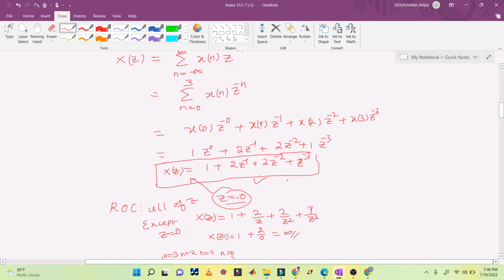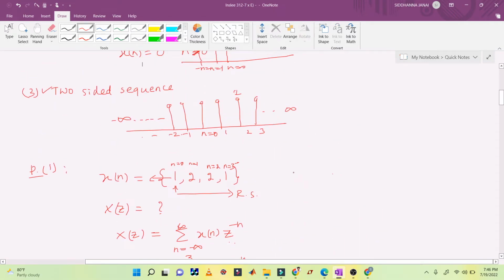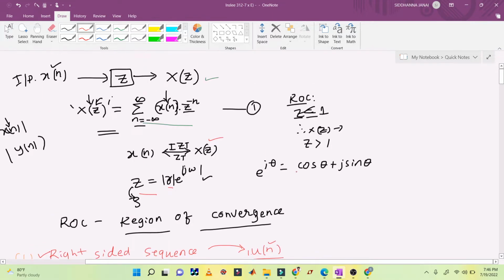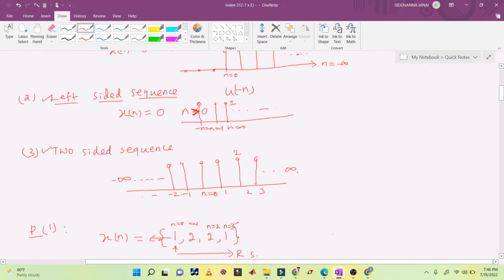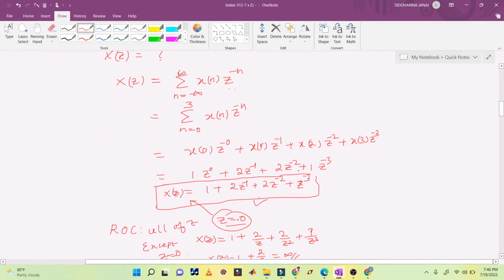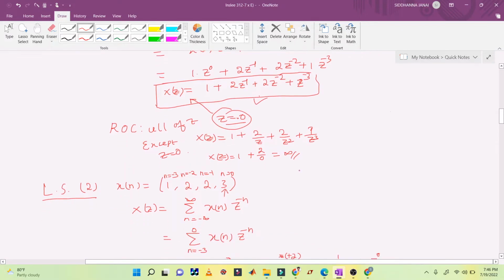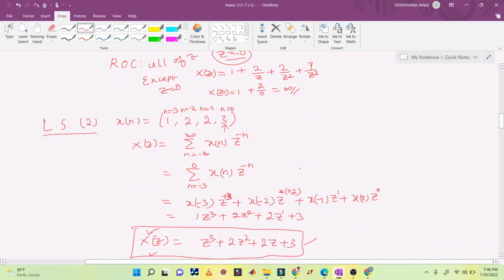Here we have seen for a right-sided sequence, all of z but not z is equal to 0.